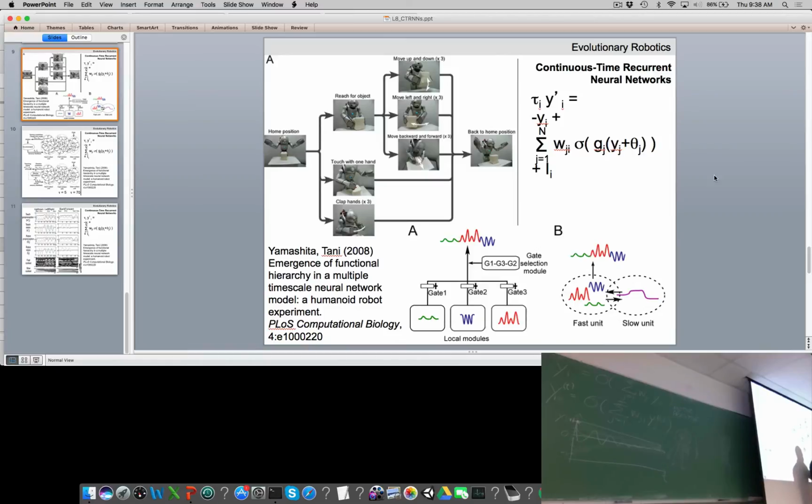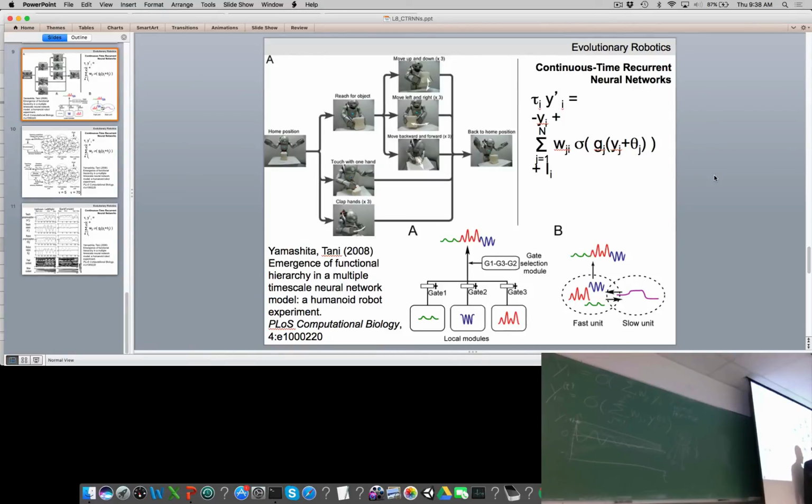Train each part of the neural network to do those simple things, and then add on 3 more little neural parts that are gates. They will turn on and off these parts. What do I mean by turn on and off? It means that they allow this thing to affect the motors.